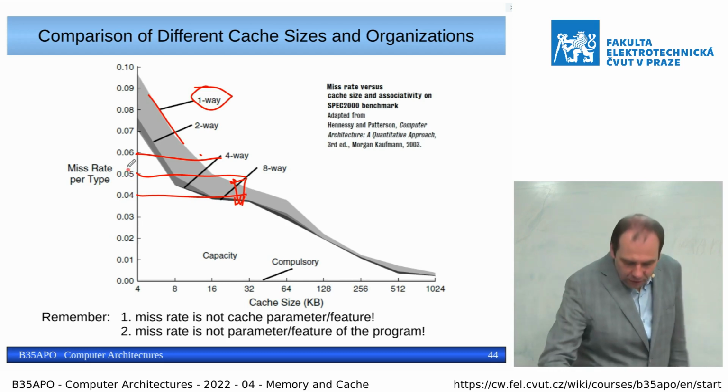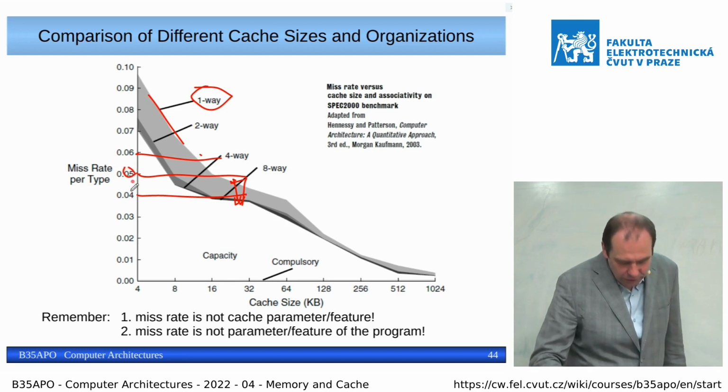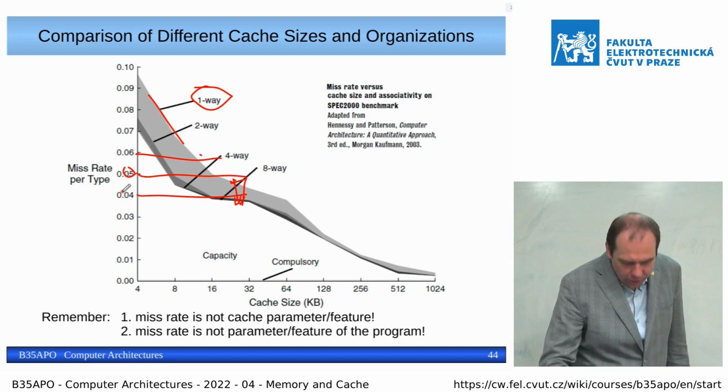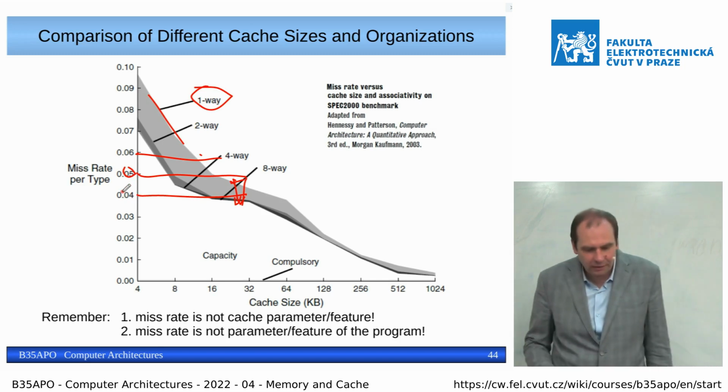From one-way to two-way, it is in fact something like a 20% speed up.